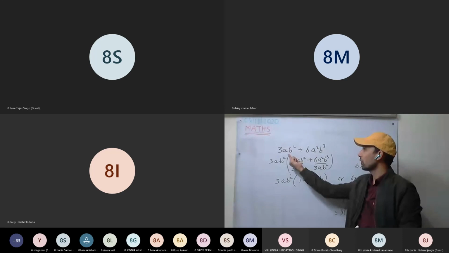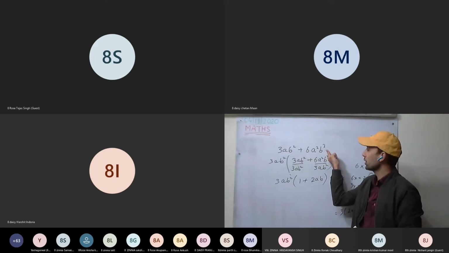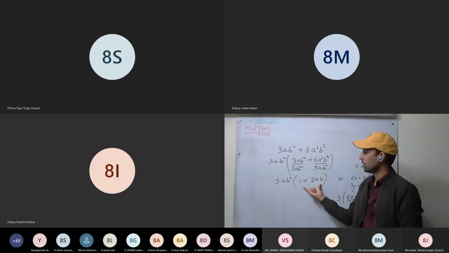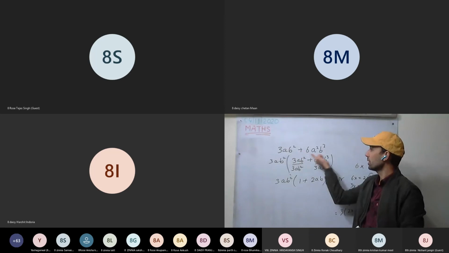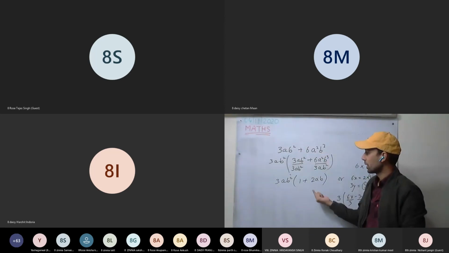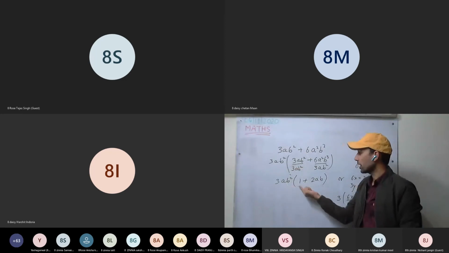These are the factors. So we have factorized 3ab square plus 6a square b cube, and the product of these factors will give us the algebraic expression. This is clear?